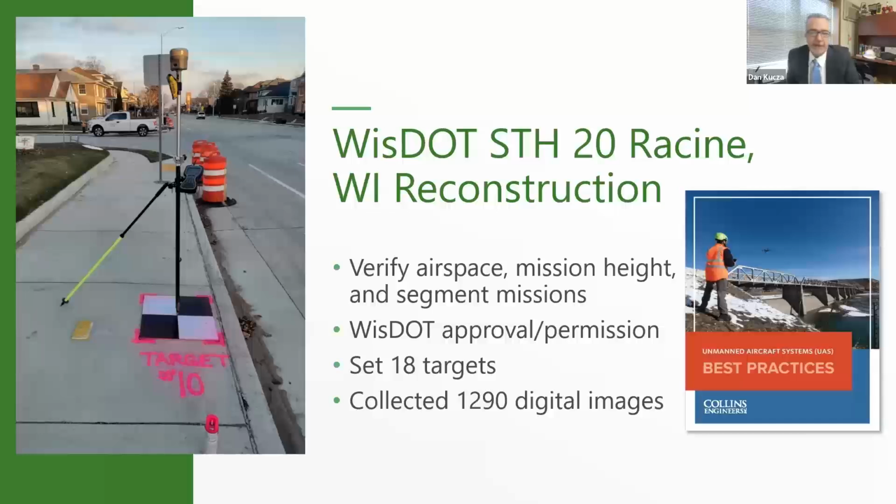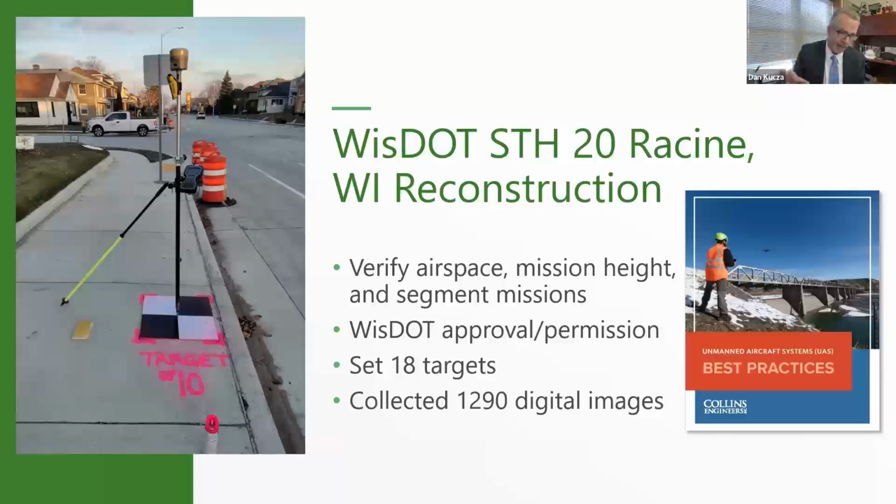So here are some of the technical details on that. Wisconsin in particular, at the time of this project, was a little bit more reluctant about drone flights, so we were really careful to do safety planning. We chose a height above ground level that would allow us to map areas that were open to traffic without flying over them.